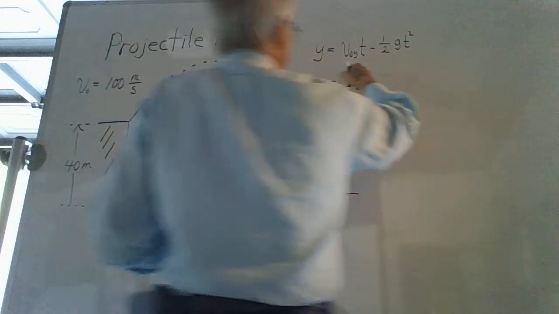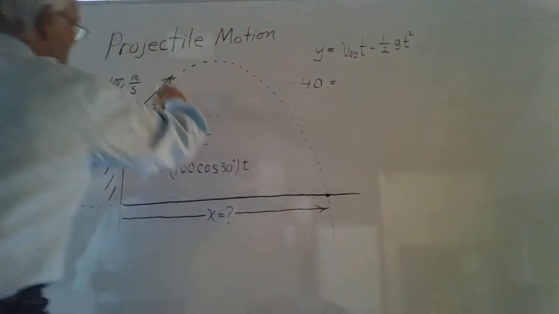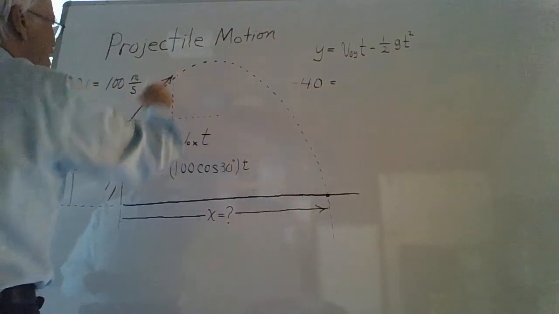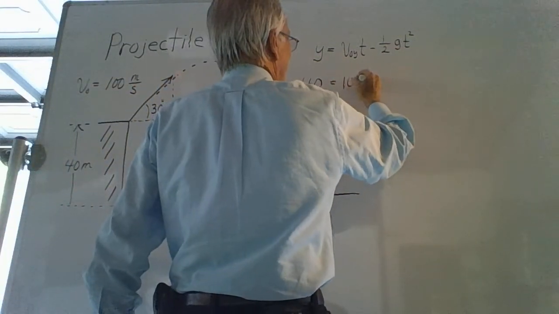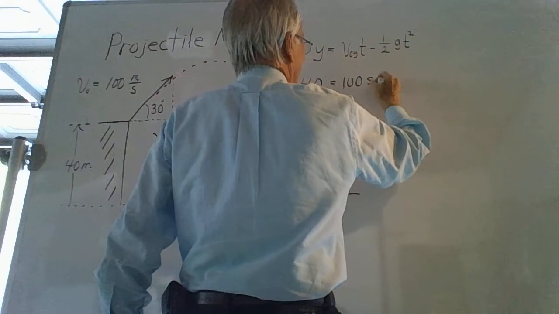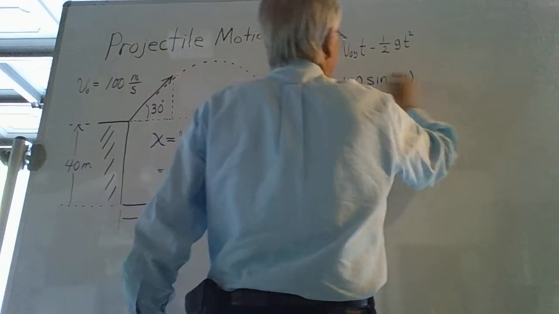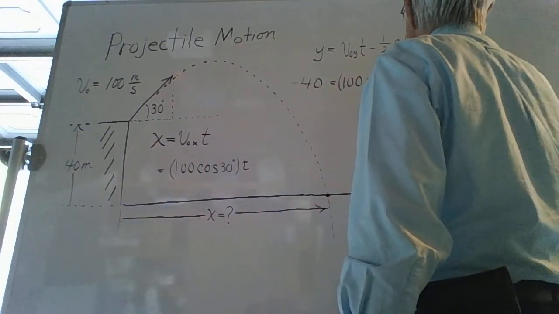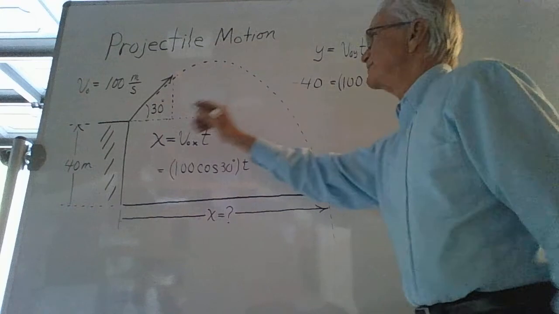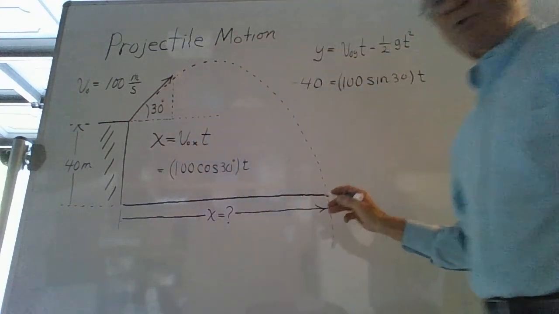Now let's look at the right side of this equation. V naught y is positive 100 sine 30. And then we multiply times the as yet unknown time it takes to fly from that point at the top of the cliff to the valley floor.